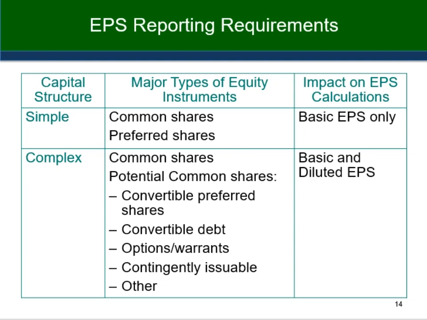So if they'd written a put option and given someone else the option to require them to issue shares at a certain price, then those shares would increase the number of potential common shares available, and the earnings capacity would grow by the amount of the premium and the amount that was received for the exercise of the option or warrant. Any other contingently issuable common shares, such as the stock option plans that we mentioned before, or anything else that would potentially increase the number of common shareholders sharing in the earnings per share.